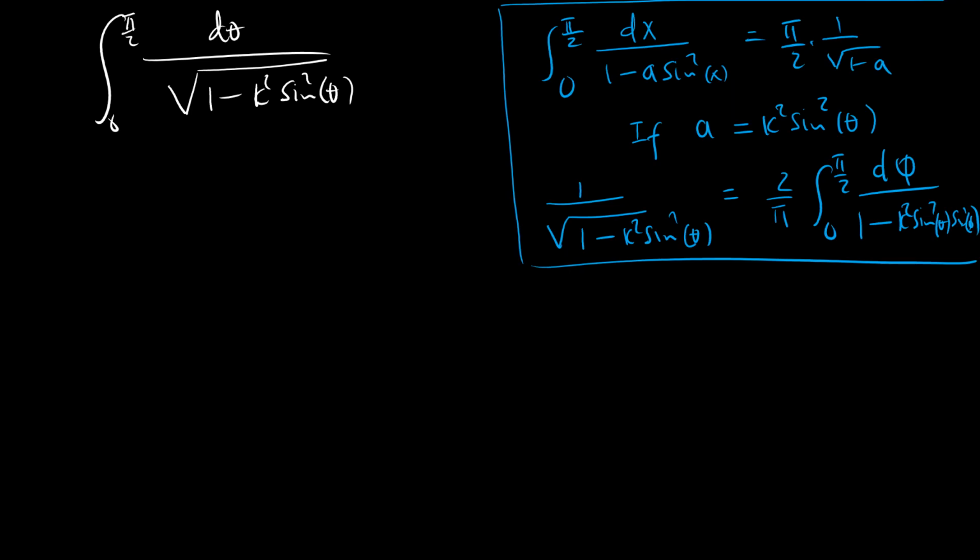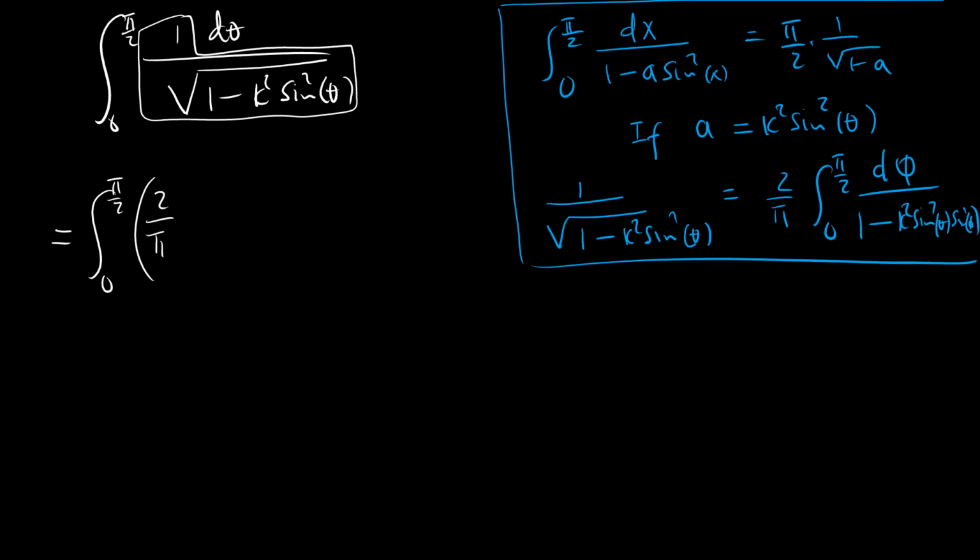So our problem now becomes, in place of this, we have the integral from 0 to pi over 2 of, in brackets, 2 over pi, the integral from 0 to pi over 2 of d phi over 1 minus k squared sine squared phi sine squared theta, close bracket.